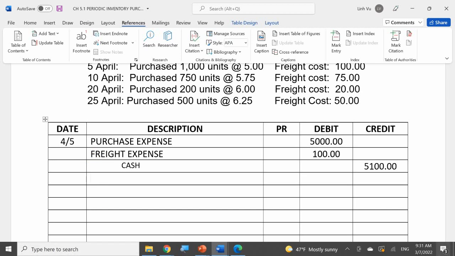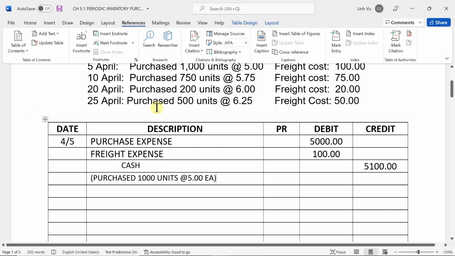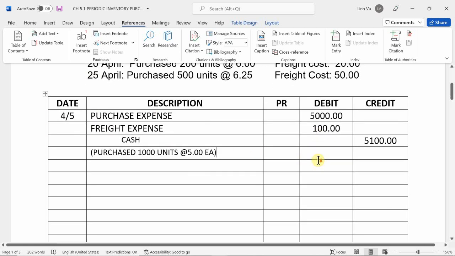You could say in parentheses, I purchased 1,000 units at $5 each. You don't need to say shipping was $100 because it's straightforward, since freight expense was $100.